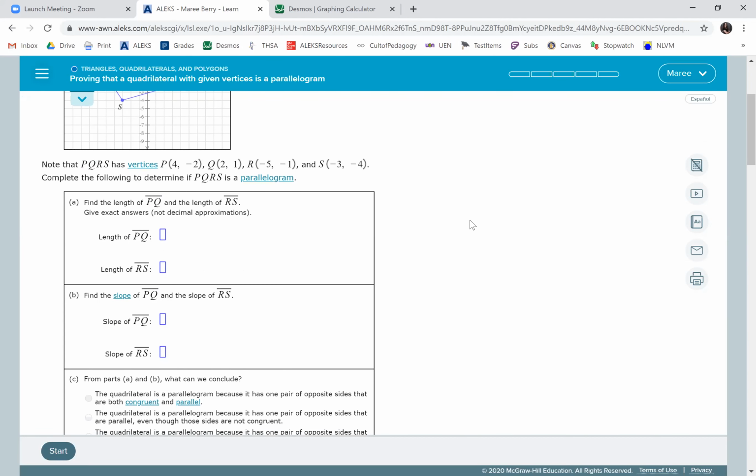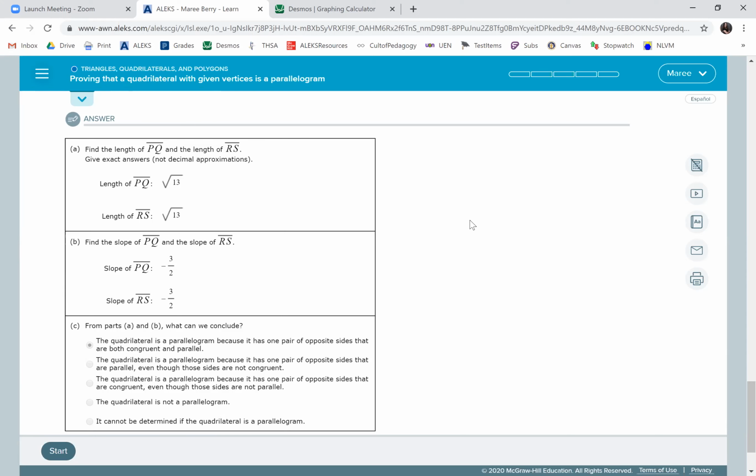So if you can find two sides that are the same length, like opposite sides, and they have the same slope, then it will be a parallelogram. And it's this reason here that they have marked, because one pair of opposite sides are both congruent and parallel.